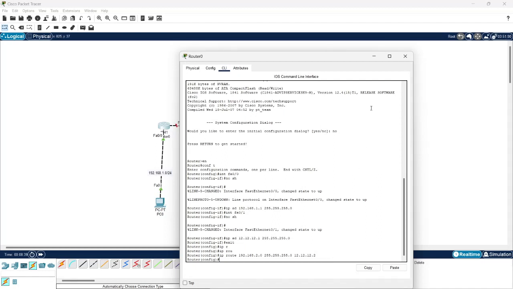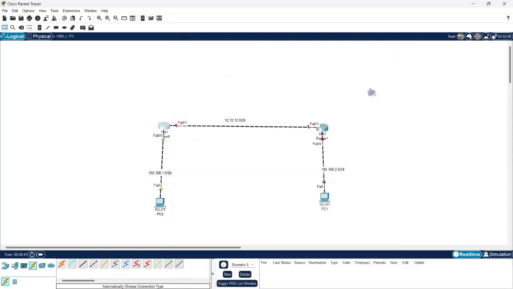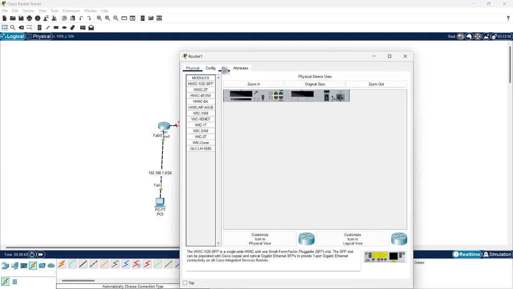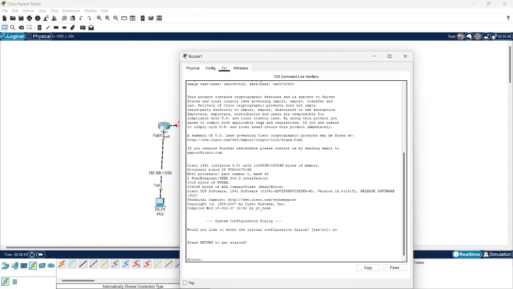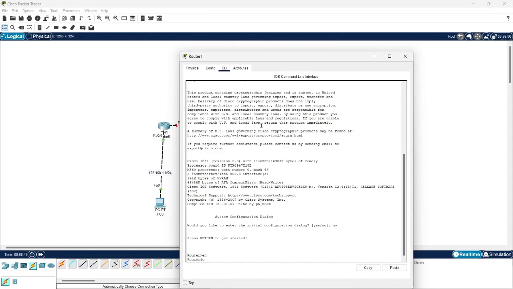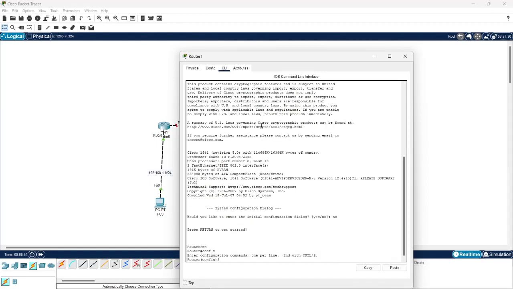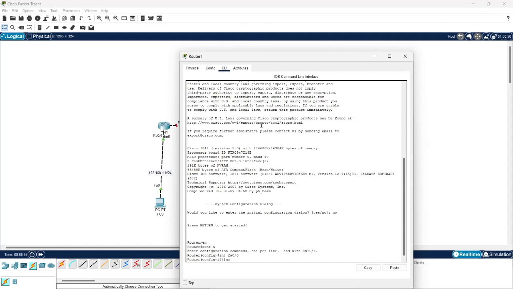Next, we're gonna configure router 1. We're gonna get into the configuration mode again. The interface 0, no shutdown.